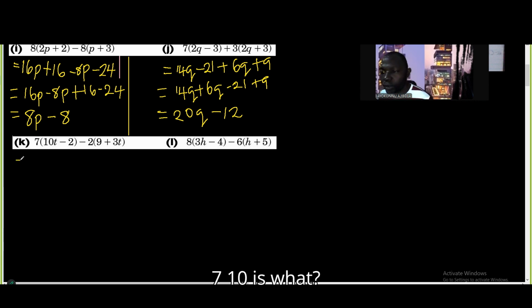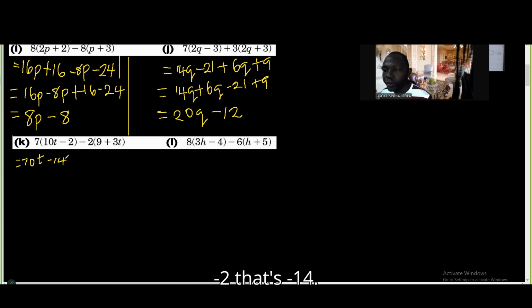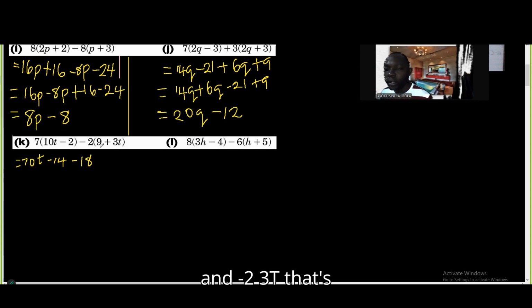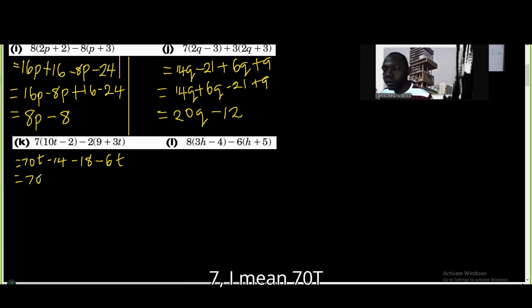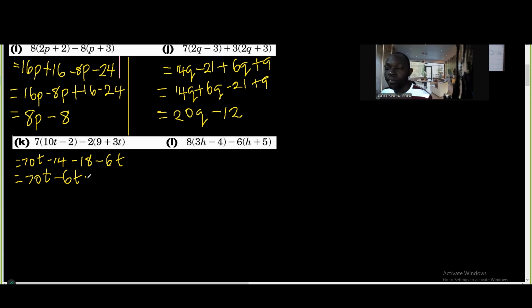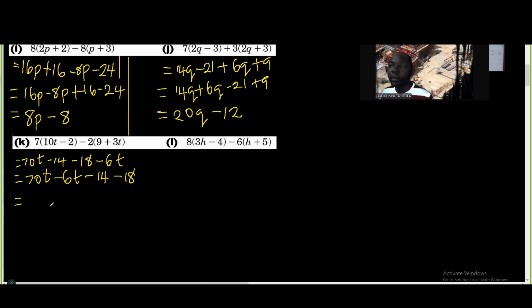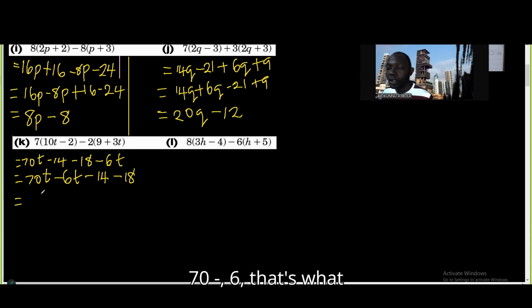7 times 10 is what? 70. 7 times negative 2, that's negative 14. Negative 2 times 9 is what? Negative 18. And negative 2 times 3t, that's negative 6t. So we can say 70t minus 6t minus 14 minus 18. So what do we have? We have 70 minus 6. That's what?